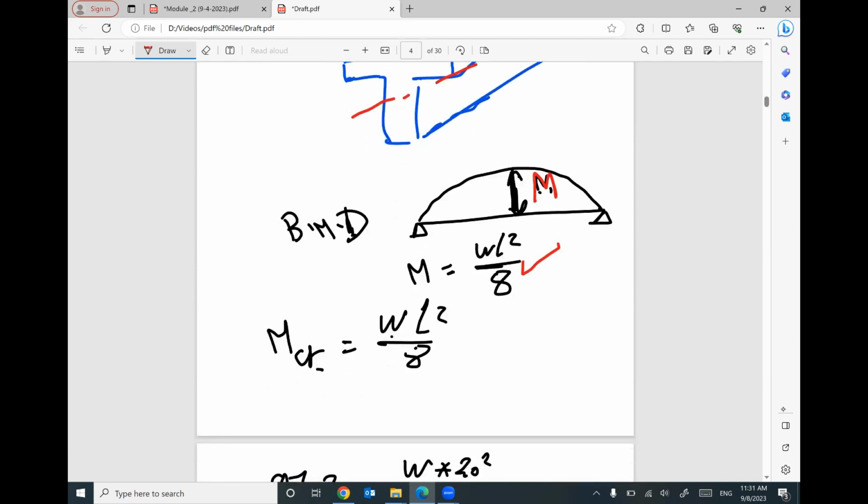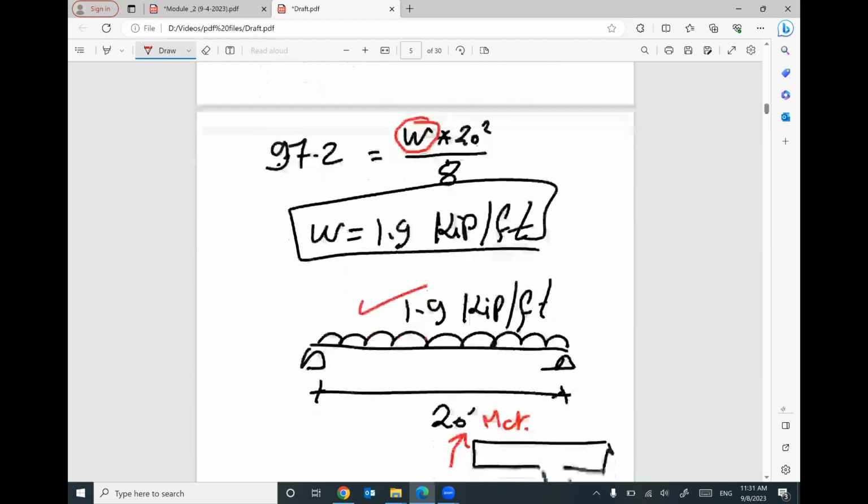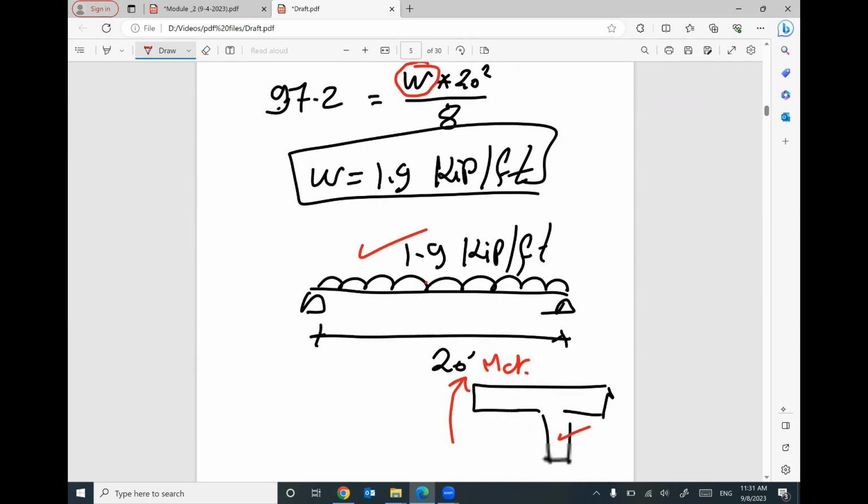Sometimes we can make a comparison between this moment and the moment coming from concrete design. In this case, I set equal the bending moment diagram from structural analysis and M crack to figure out how much load we can apply without cracking. One of your problems in the coming exam looks like this.